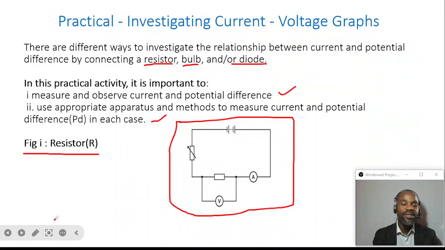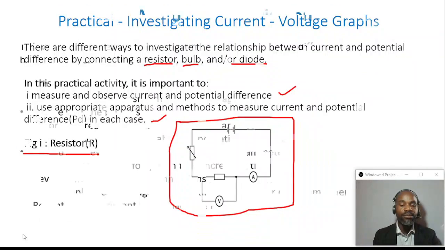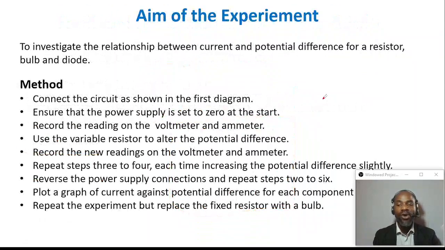Now let's see the steps we are going to take in doing this, because it is only by understanding these steps that we can actually do the right thing. Now the aim of the experiment, very important. We must understand why we are doing this. We are doing this to investigate the relationship between current and the potential difference.